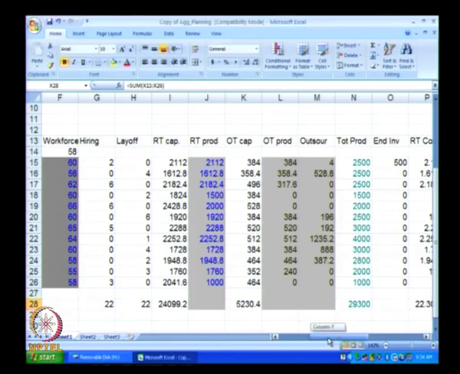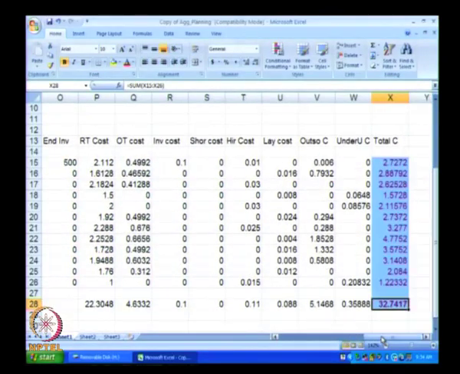So, the optimization problem relevant to aggregate planning is, given certain decisions that the user makes with respect to workforce and production, whichever is relevant, production of course is very necessary. There are situations where we work with constant workforce, there are situations where we work with variable workforce. So, depending on whether it is constant or variable, the workforce decisions are made.